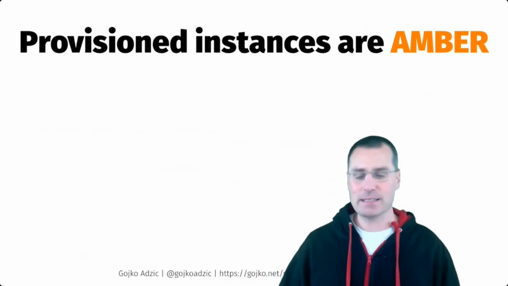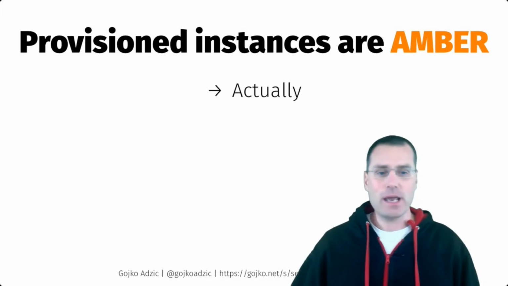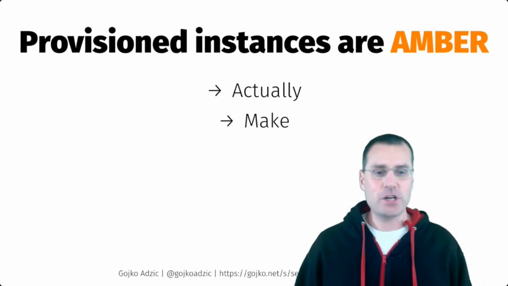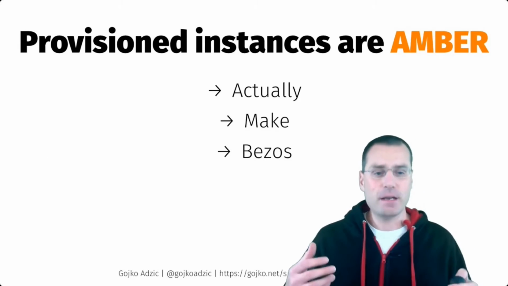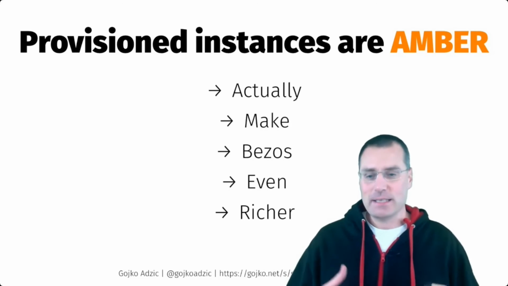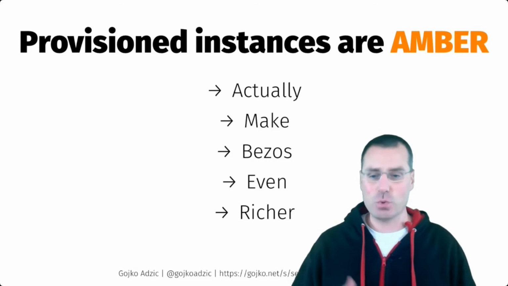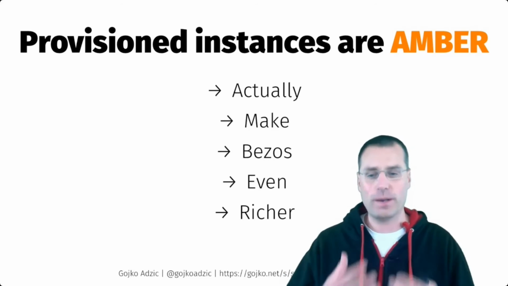Provisioned instances are amber, and amber means actually they're just making Jeff Bezos even richer. So in most cases, we can avoid this stuff by designing our functions to avoid being blocked when they start.